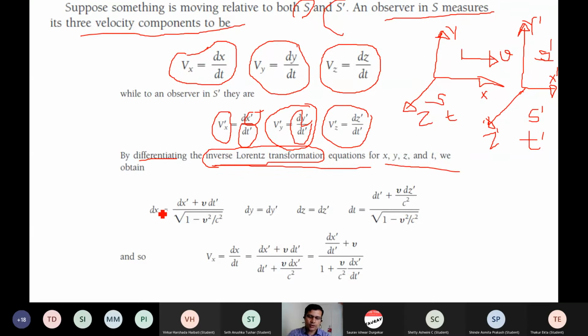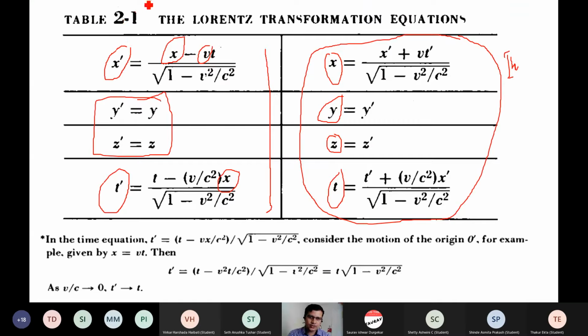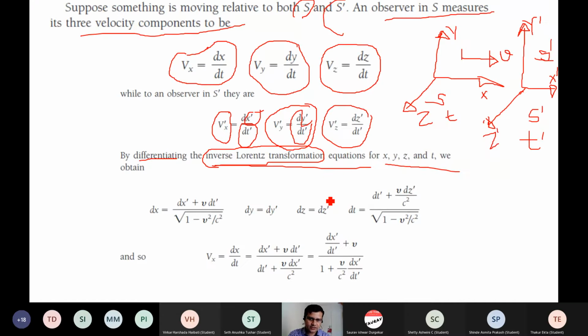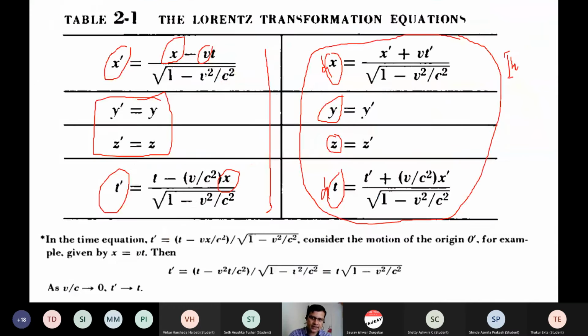So what is this dx? You take the first order differentiation of this dx with respect to t. How can you do that? You take a differentiation of dx and of dt, so you will get dx by dt. That we will do later. First we will do the differentiation of the dx.